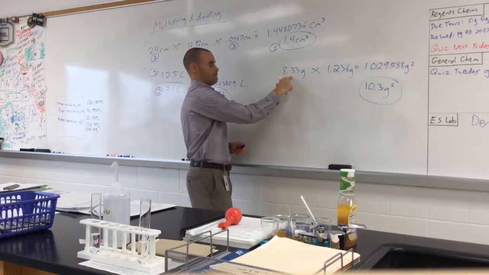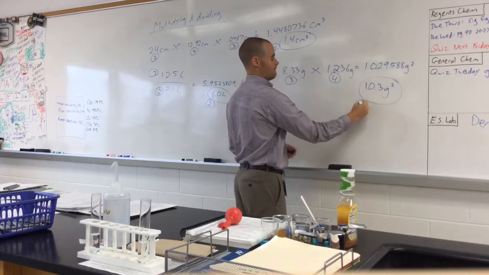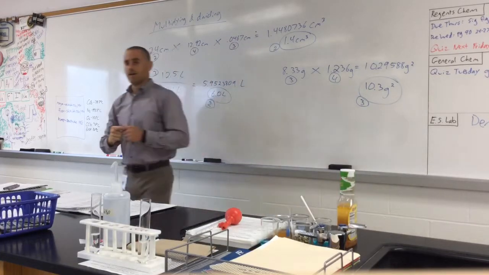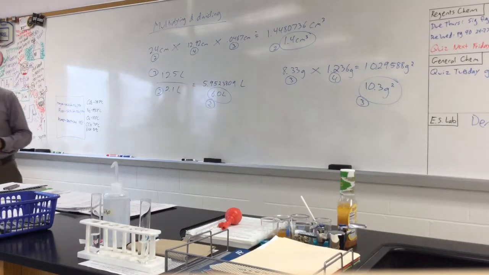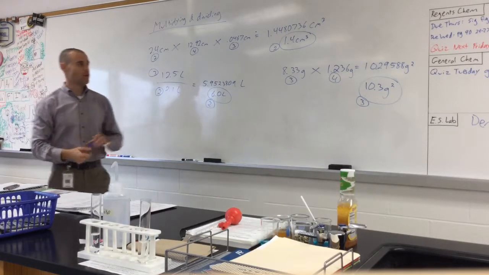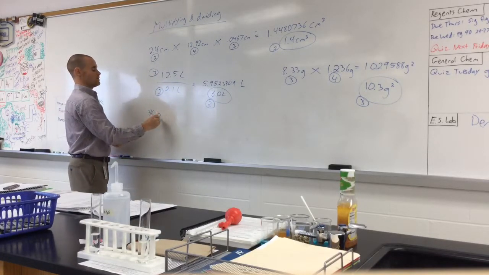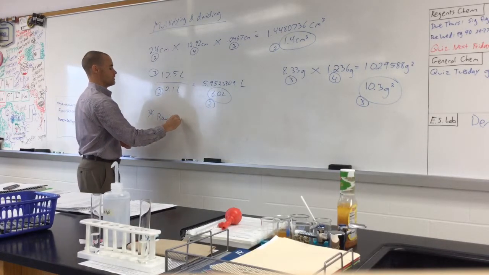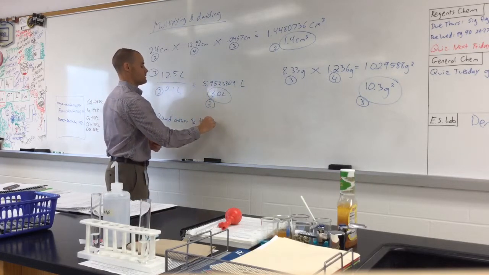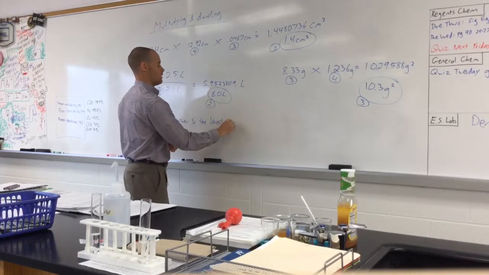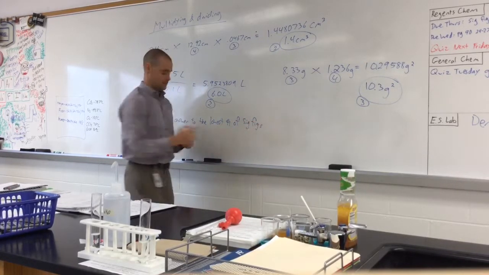How many here? 3. 4. 3. Is it the smallest? Yes. You round your answer so it has the lowest number of significant figures. That's the rule with adding or multiplying and dividing. Write that down. Round the answer to the lowest number of sig figs. It has nothing to do with decimal places.